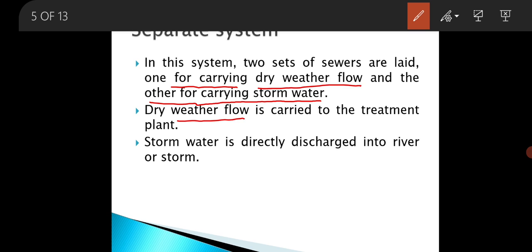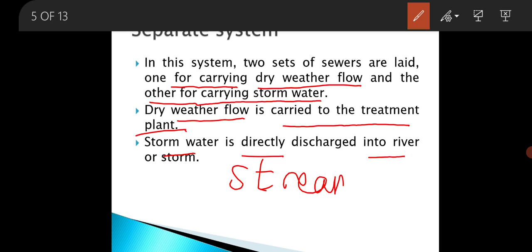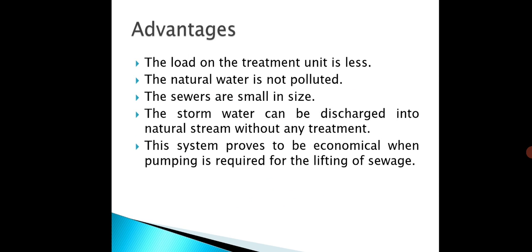The dry weather flow is carried to the treatment plant and the storm water is directly discharged into river or stream. So now we will discuss the advantages of this separate system.